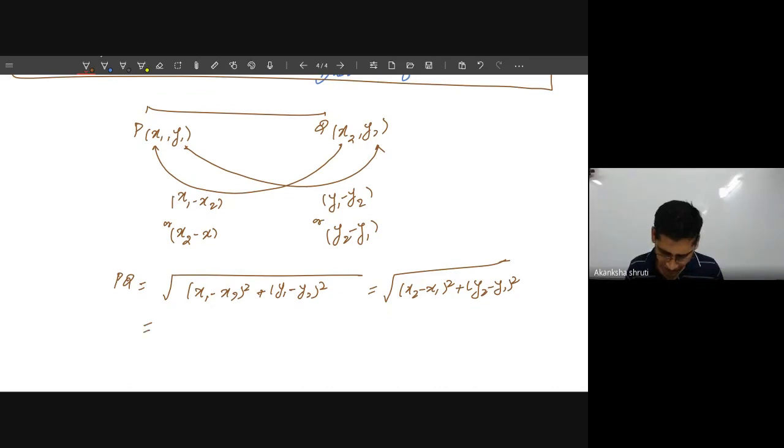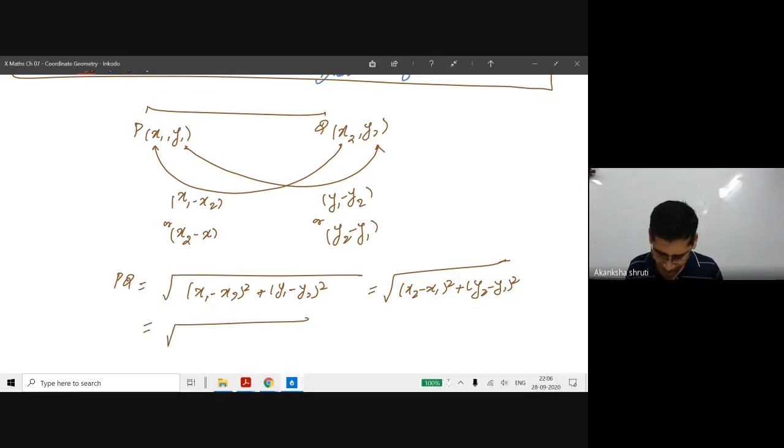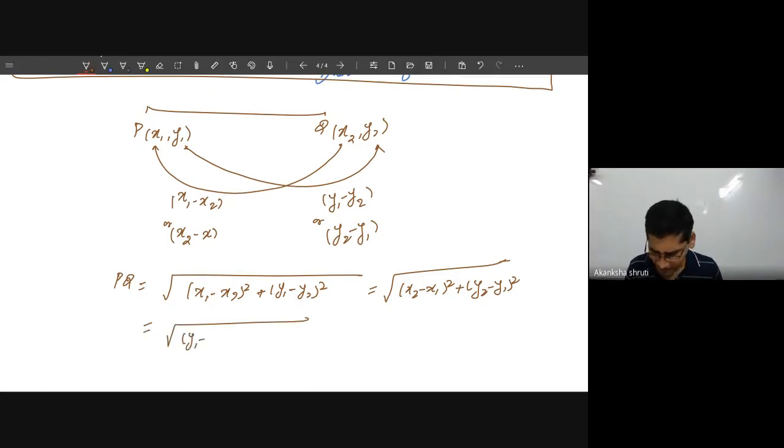You are also free to write the y first, means y1 minus y2 square plus x1 minus x2 square. So you are free to write in any way. So you have to take the difference, square it, add it, and then take the square root. So it is so simple.